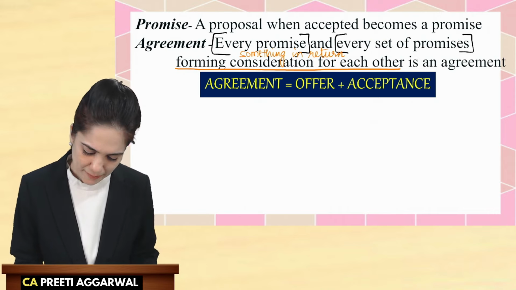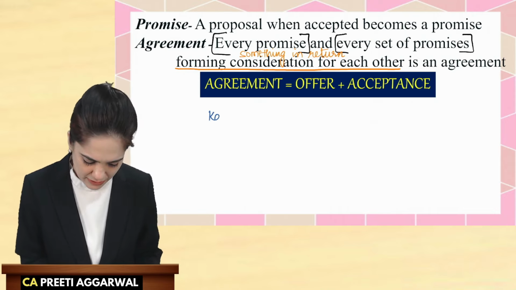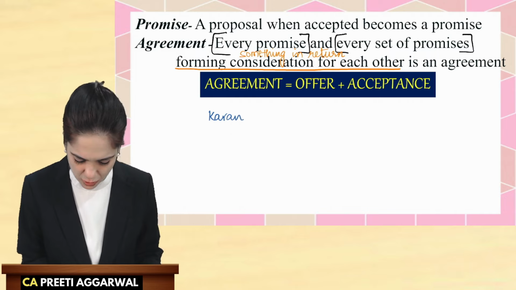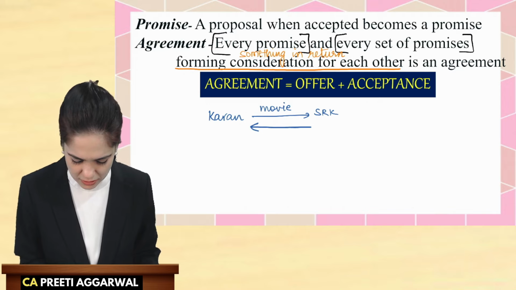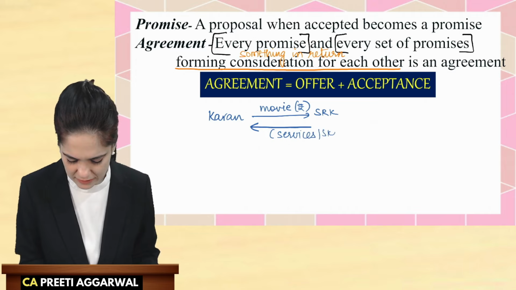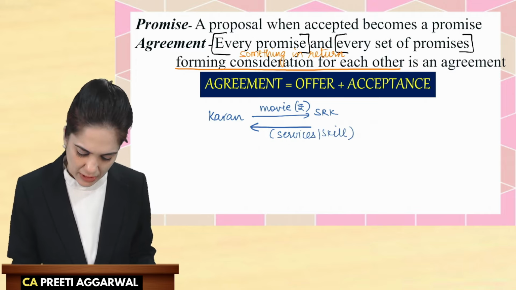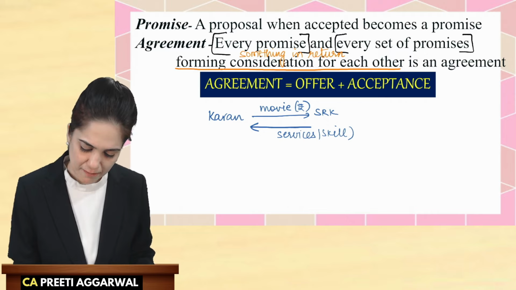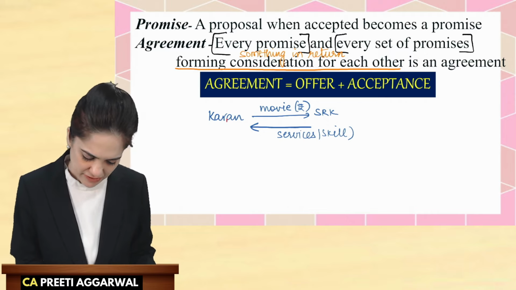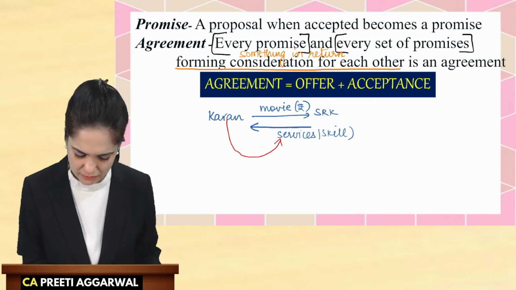Now, in my example, Karan offered a movie to Shah Rukh, and Shah Rukh offered his services or skill. Okay. Now, in this case, if Karan is giving money, what is he getting in return? Services. So, what is the consideration for Karan?